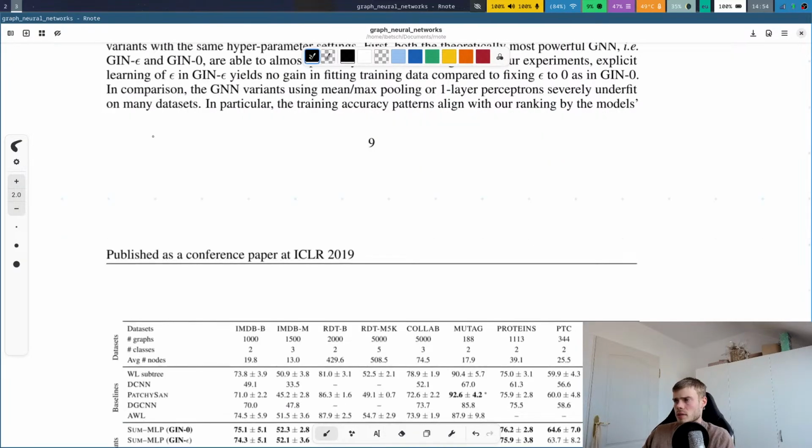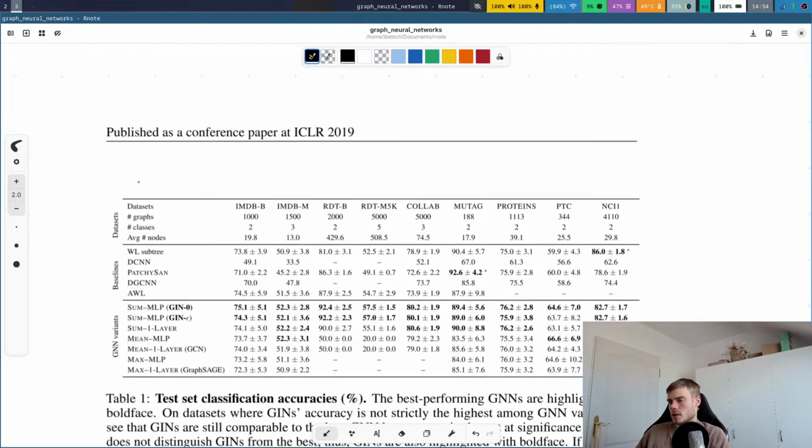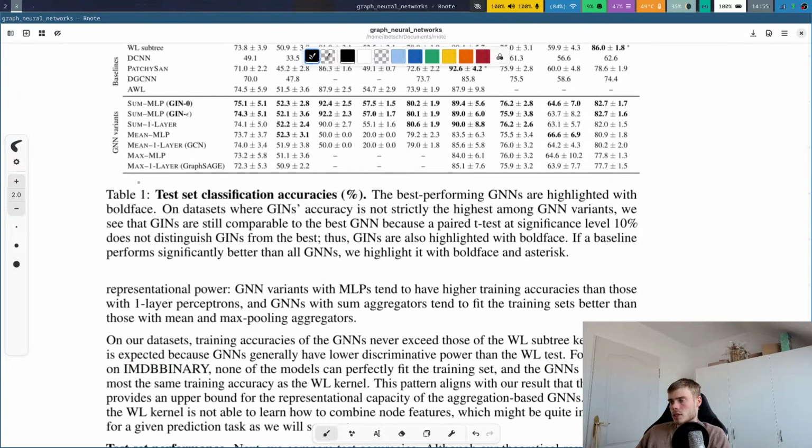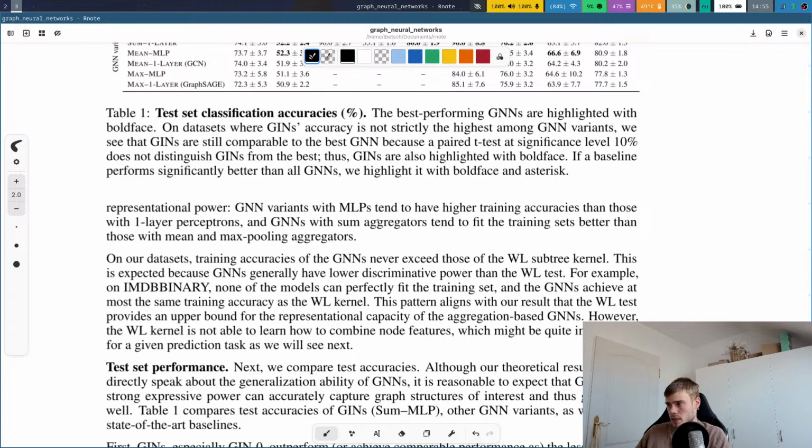In comparison, the GNN variants using mean or max pooling or one-layer perceptrons severely underfit on many datasets. In particular, the training accuracy patterns align with our ranking by the model's representational power. GNN variants with MLPs tend to have higher training accuracies than those with one-layer perceptrons. And GNNs with sum aggregators tend to fit the training sets better than those with mean or max.